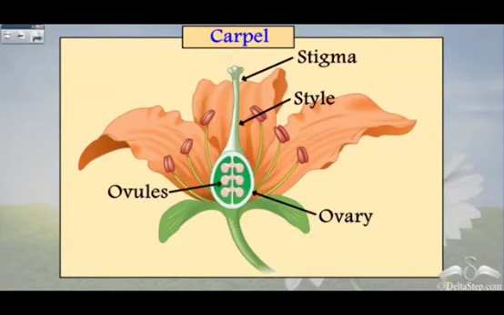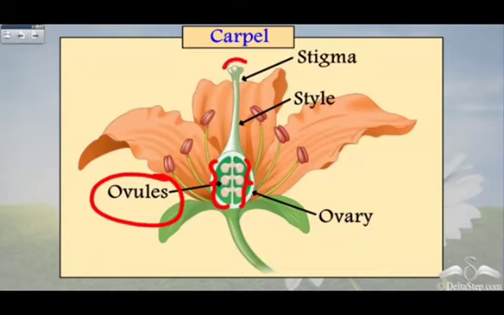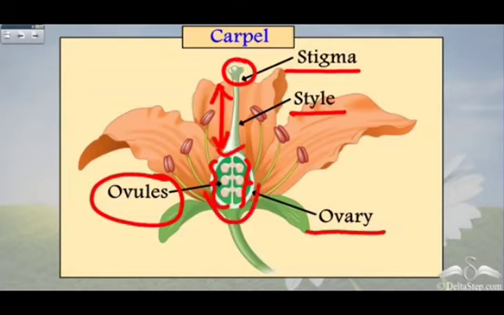And within this ovary, we have the ovules, which are very important for reproduction because these are the female reproductive parts. So, what is the carpel made of? Well, the carpel has the first top part, which is known as the stigma. Then it has the long neck, which is known as the style. Finally, it has the round bottom, which is known as the ovary. And within the ovary are the ovules.